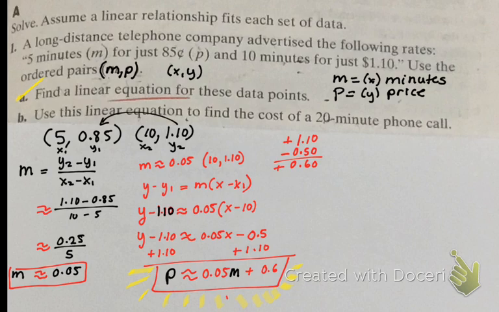Now, to find part B, it says use the linear equation to find the cost of a 20-minute phone call. Okay, so I'm using the linear equation. P is about equal to 0.05 m plus 0.6 or 6/10. And now I'm substituting in what and for where?